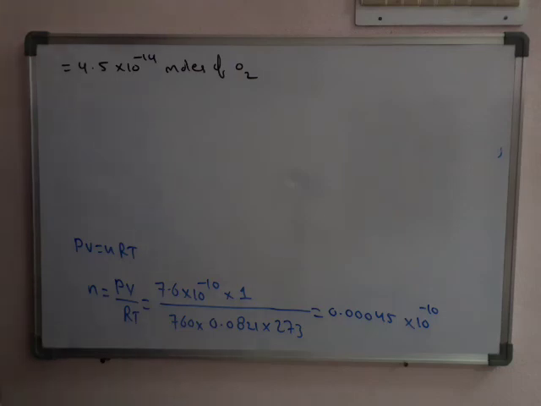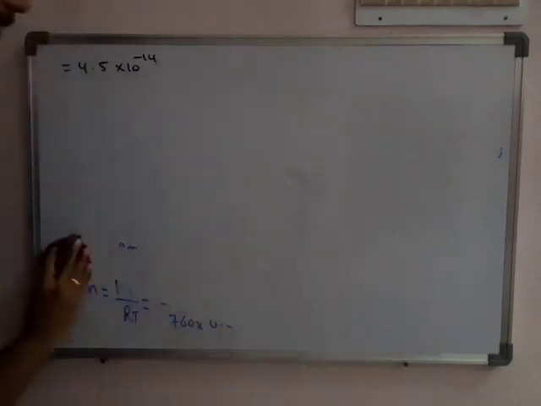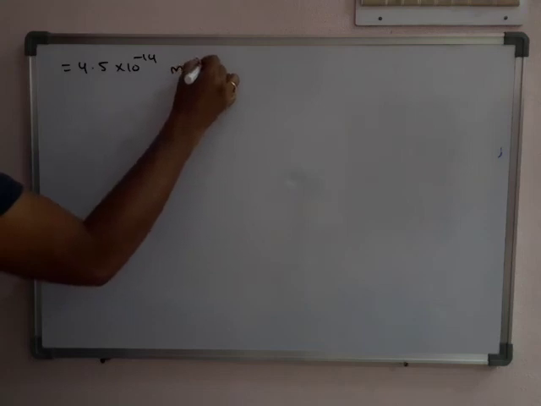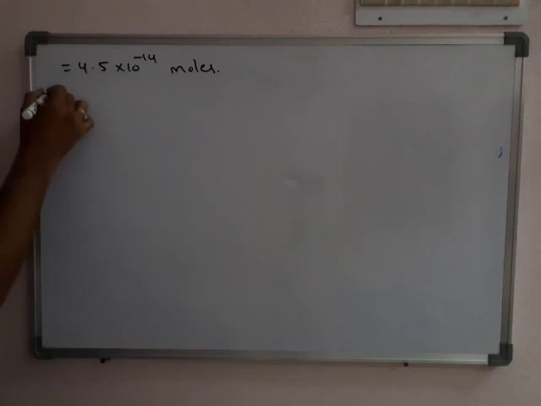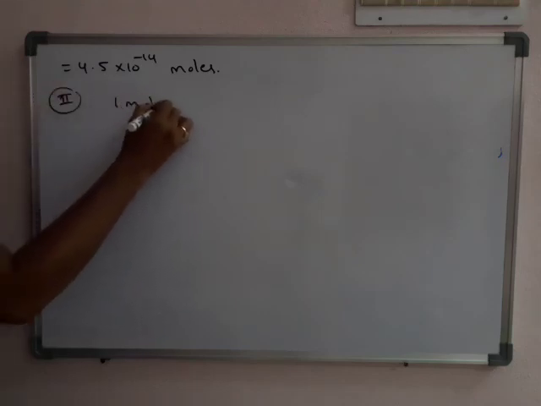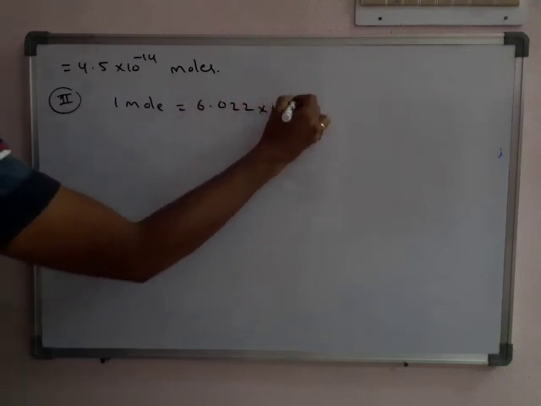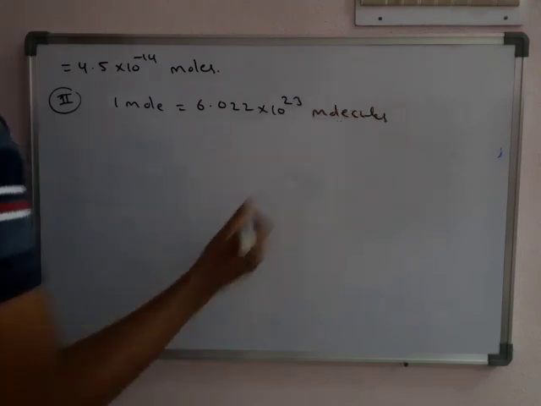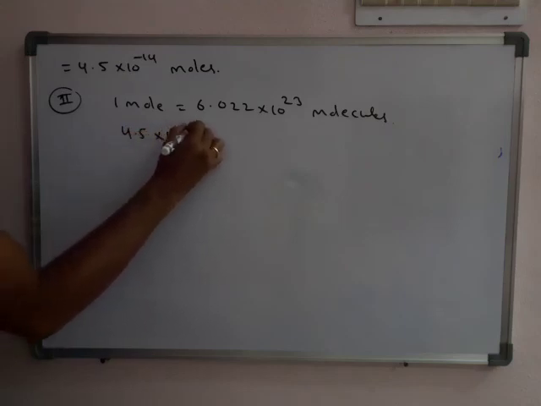Now I have to find it in terms of number. Take it as step 2. We know that 1 mole equals 6.022 × 10^23 molecules. Then what about 4.5 × 10^14?